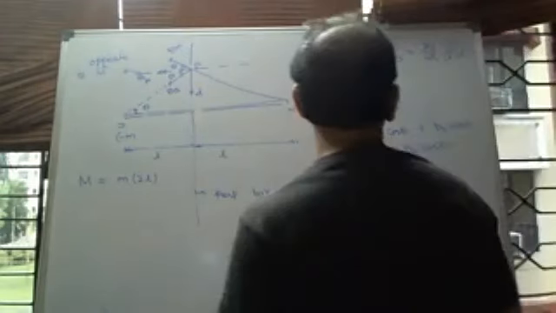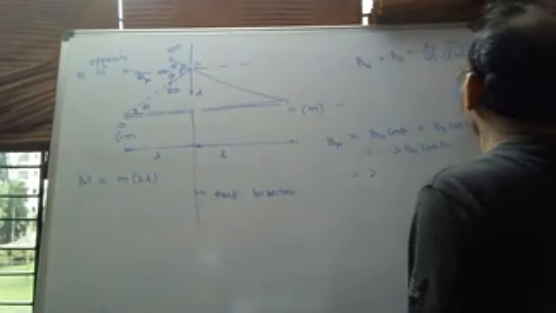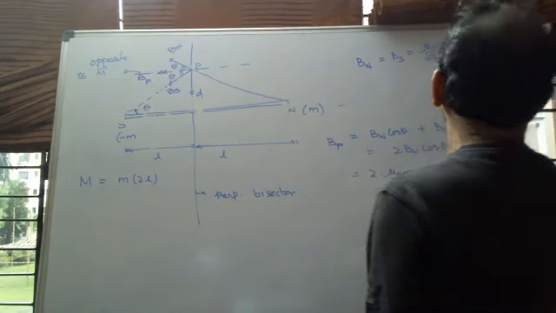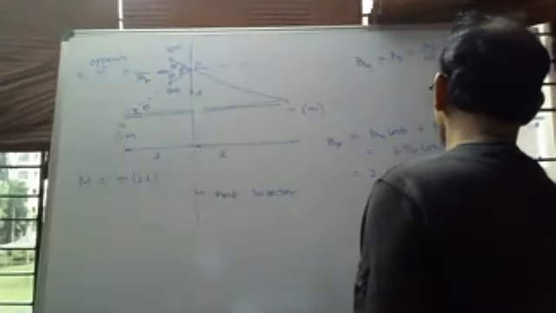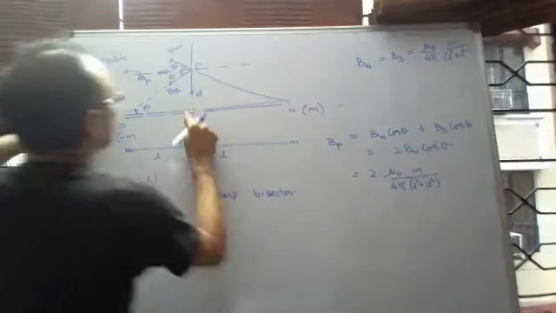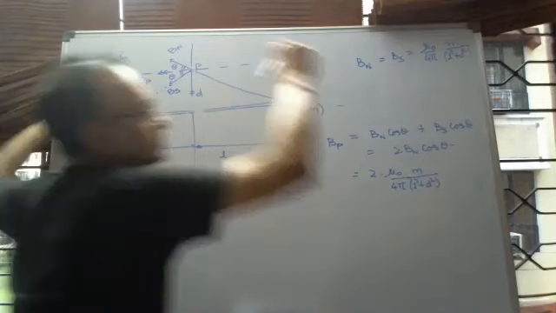So अब ये देखते हैं क्या है. Bn is what? mu naught by 4 pi m by L square plus d square. That's Bn. And cos theta is what? Cos theta is L by root L square plus d square, right?